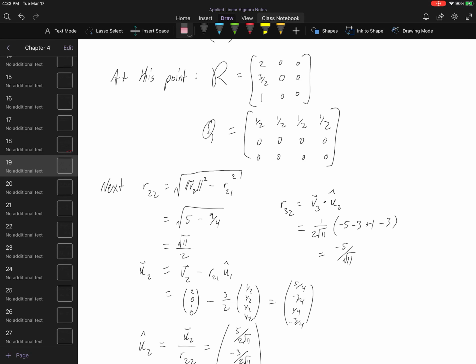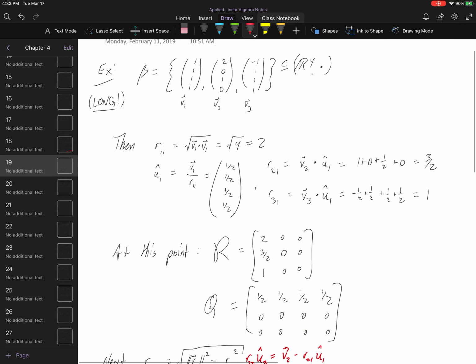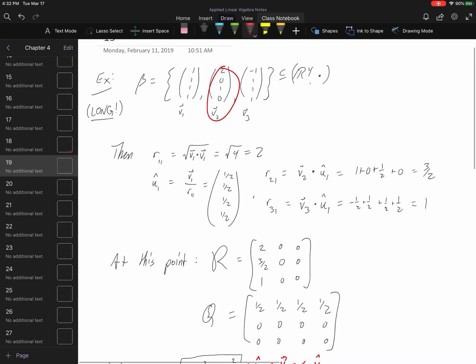Right, this is me in the step U2 equals V2 minus R21 U1 hat. Okay, so this is the step that I'm sitting in as I compute R22, right? This is R22 right here, if I think about U2 as being a unit vector. So this is how long that difference vector is.